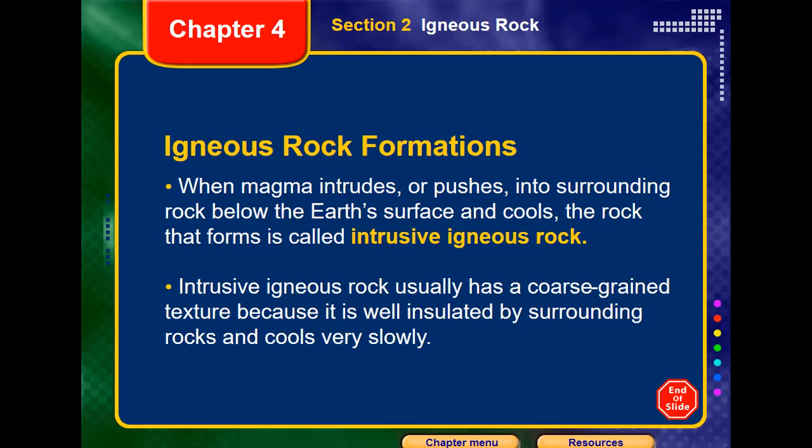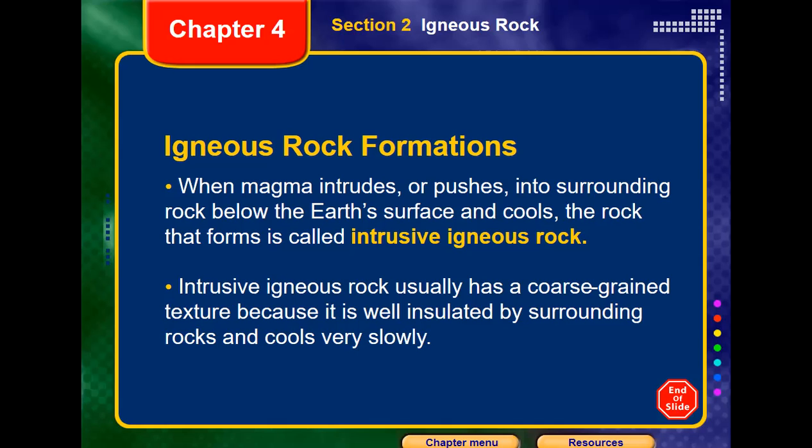The crystals can be observed easily in that kind of rock. So intrusive igneous rocks always have a rough texture. Why? Because their crystals are large, because they take enough time to cool down underground. So the intrusive igneous rocks are formed under the ground.